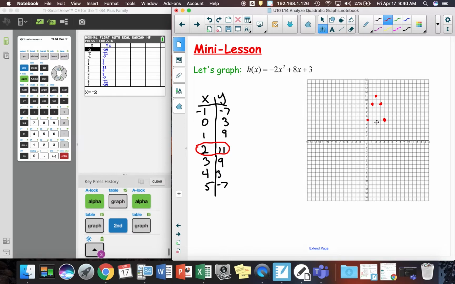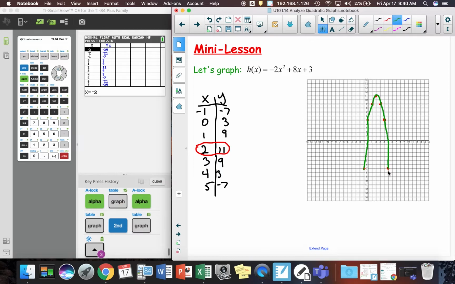And I have negative 1, negative 7. It's right here. And I have 5, negative 7 right there. Alright, so there we go. We graphed it. Let me connect the dots. So I connected going from here, going up.